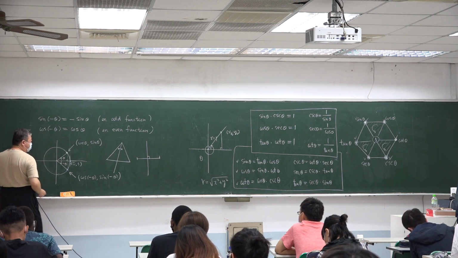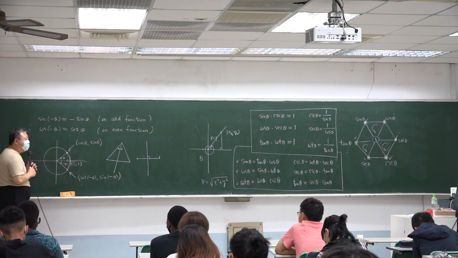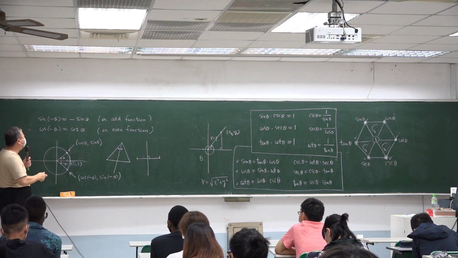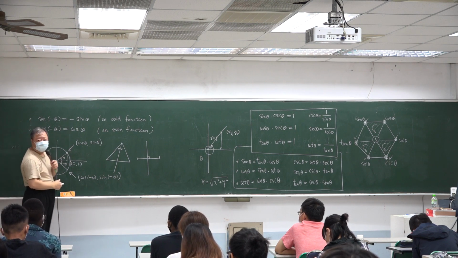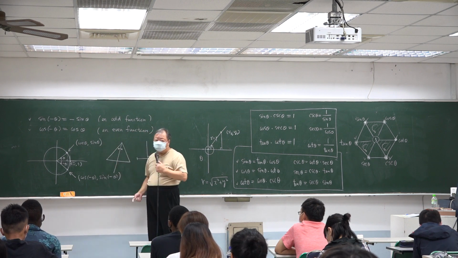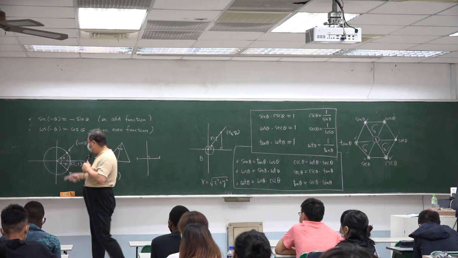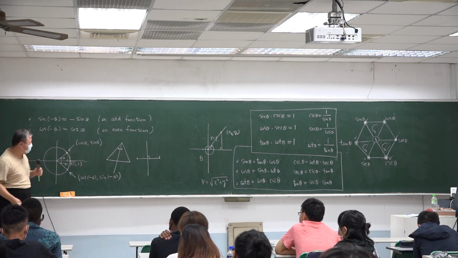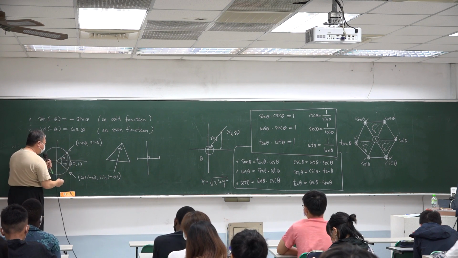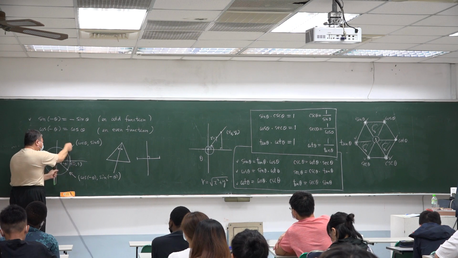This obtains this identity. And the second components will be negative to each other. Then this is also obtained. These are called negative angle formulas, which just represent that these two points are always symmetric about the x-axis. If theta is negative, then minus theta will be a positive angle.